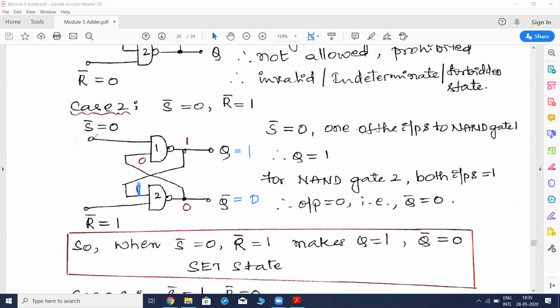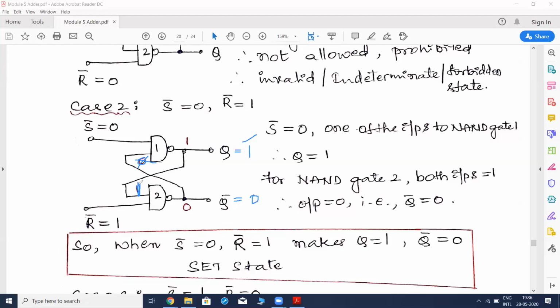What we do is start our analysis from the input that is 0. Here we have given S bar as 0 and R bar as 1, so we start the analysis from NAND gate 1. Initially you are not supposed to consider this one. Consider only S bar equal to 0. When any one of the inputs is 0, irrespective of the other input, we get Q as 1.